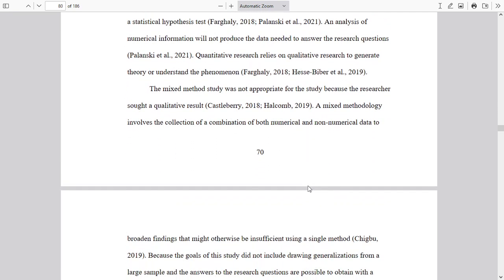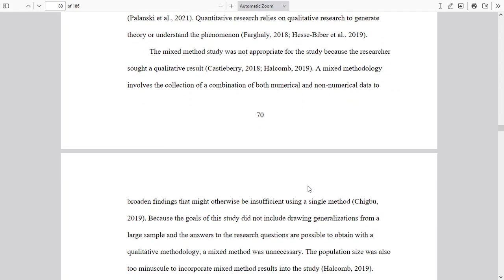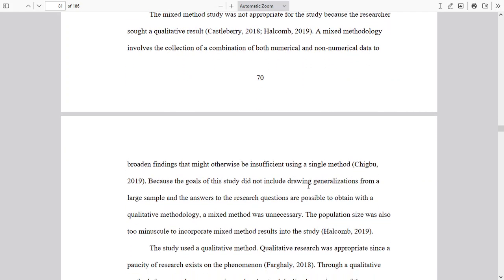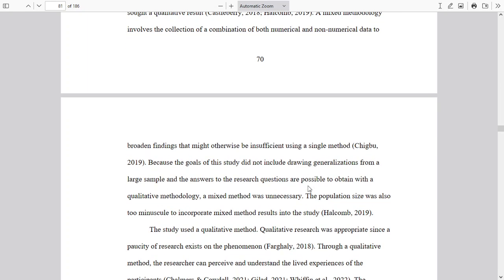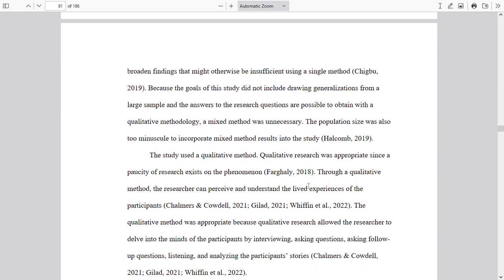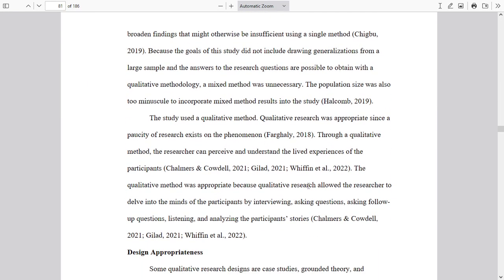But I also have to include a lot of other stuff as to why, to make a paragraph. And paragraphs have to be at least 3 sentences. But I did a qualitative method.